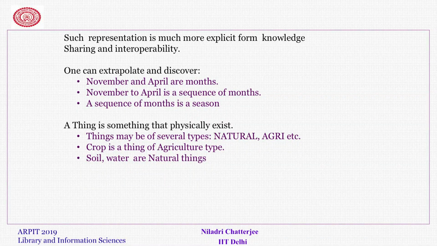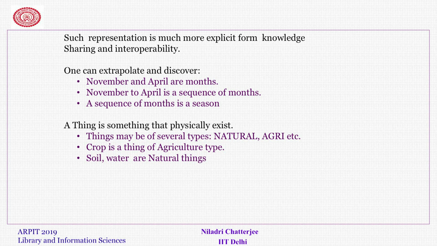For illustration, from this previous small text, we can easily see that November and April are months of a year. November to April should be a sequence of months, and a sequence of months is to be called a season. In a similar way, one can see that all the physical things can be natural or agricultural.